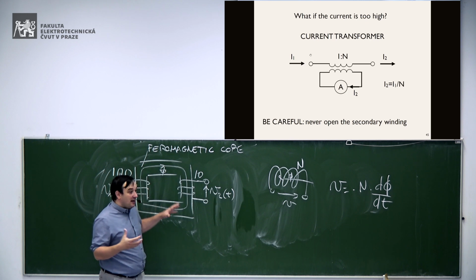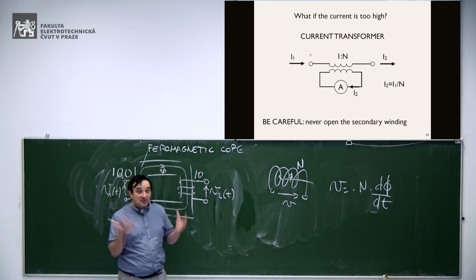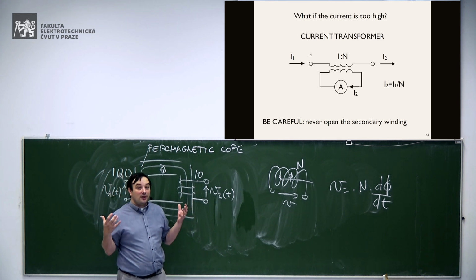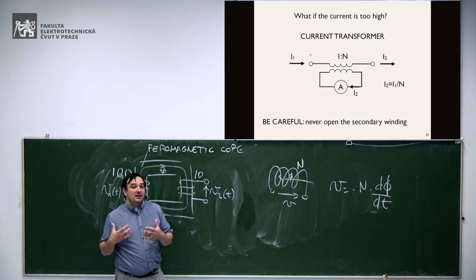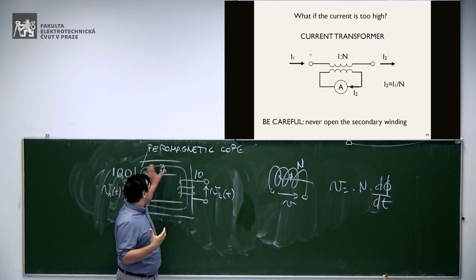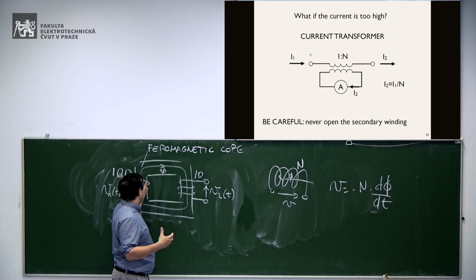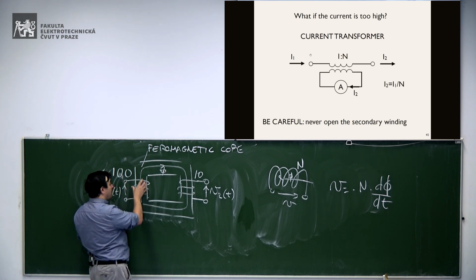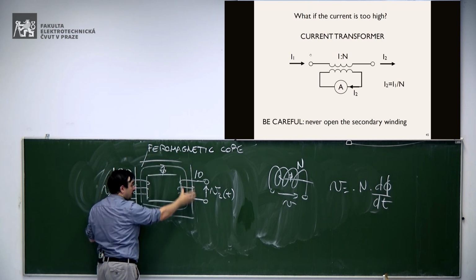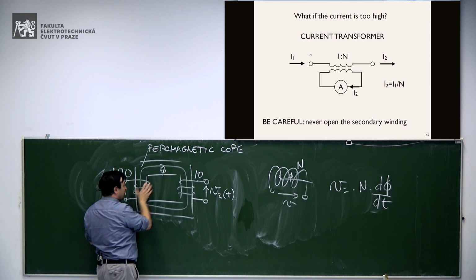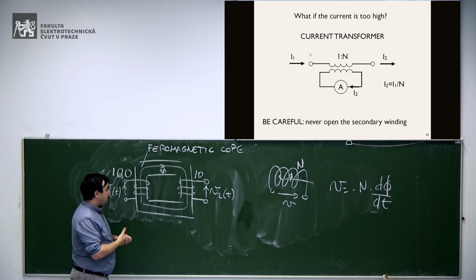For the magnetic flux, the air is bad. Ferromagnetic core is good. So it feels comfortable to stay inside here. So instead of going anywhere else, it will stay inside the ferromagnetic core, and that's the way you can bring it from the first coil to the second coil, okay?